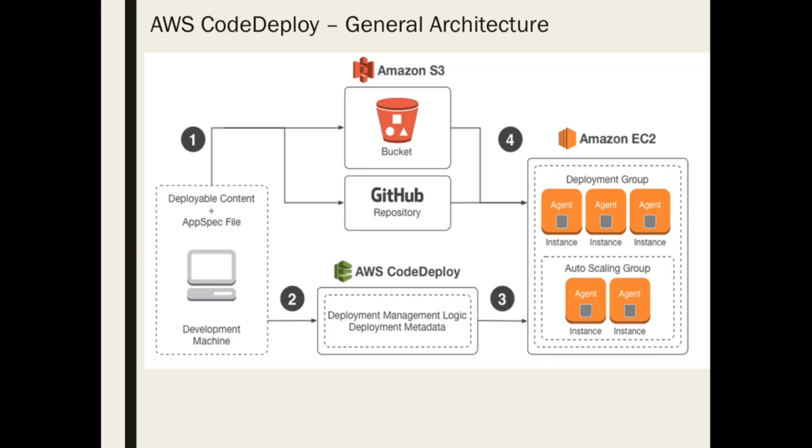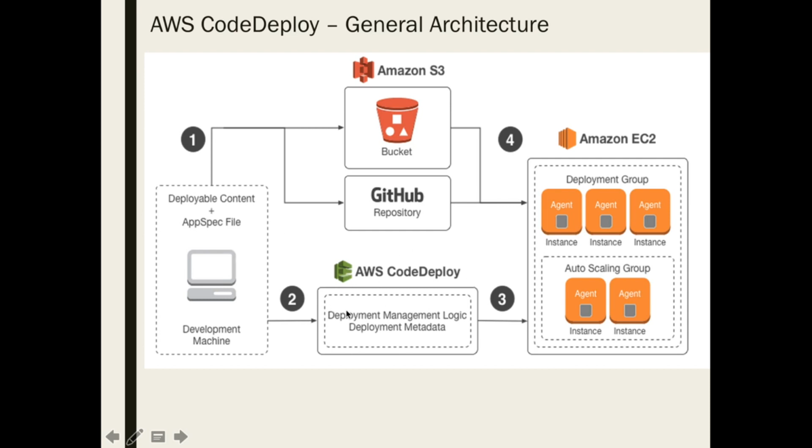So let's see the high-level architecture, how it works. The developer's machine is going to have deployable content, which is nothing but your application source code, and an additional appspec file. We will see what the appspec file is. Basically, that's the file which tells how to deploy and where to deploy to the instance.